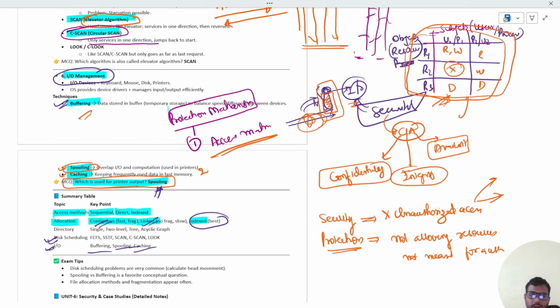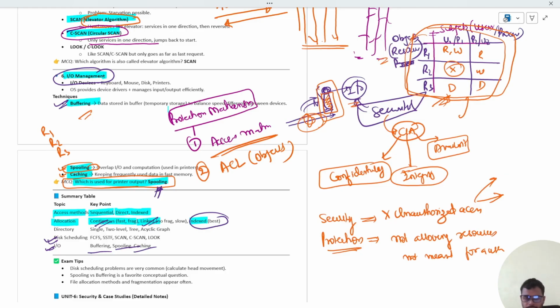Another type of protection mechanism we have is known as the access control list. In an access control list, it is basically a list of the objects. What do we mean by the list of the objects? Objects are resources. Suppose we have R1, R2, and R3, these three resources.